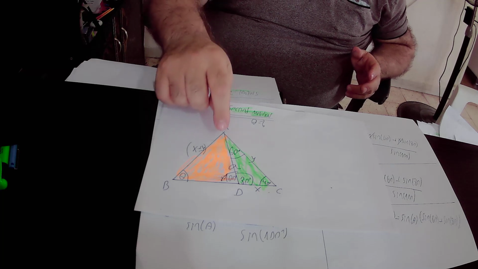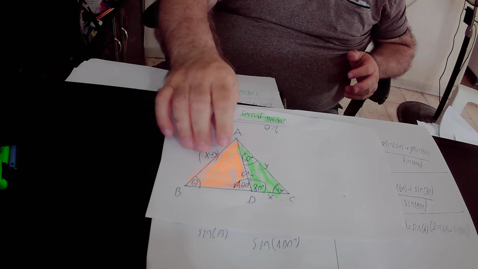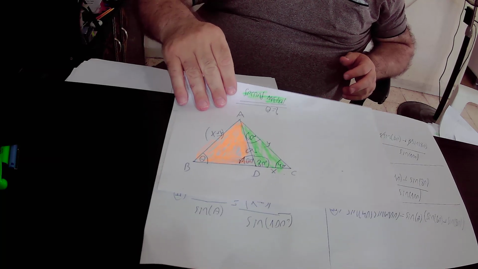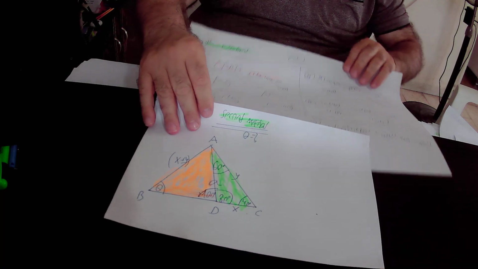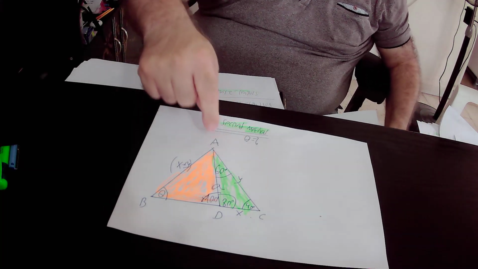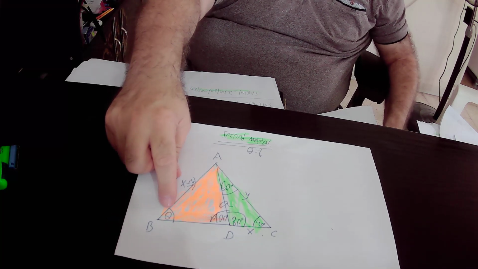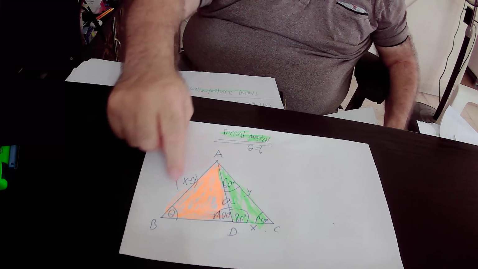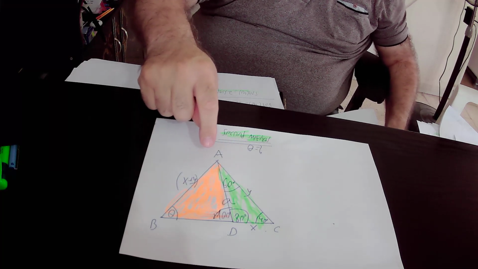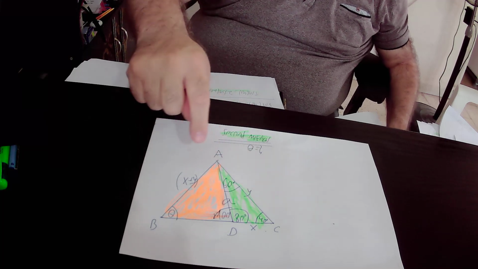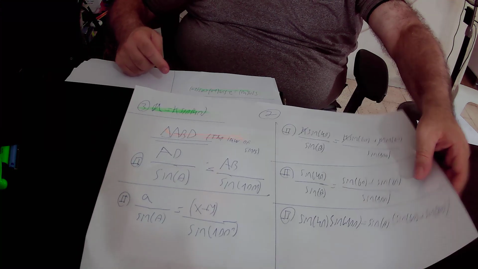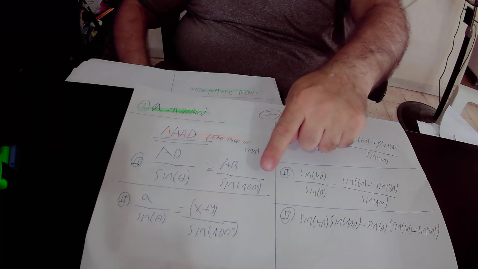Then we implemented the law of sines in the orange triangle ABD. According to the law of sines in the orange triangle ABD, AD over sine theta equals AB over sine 100 degrees.